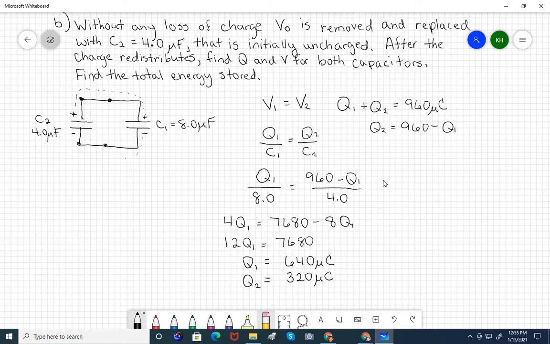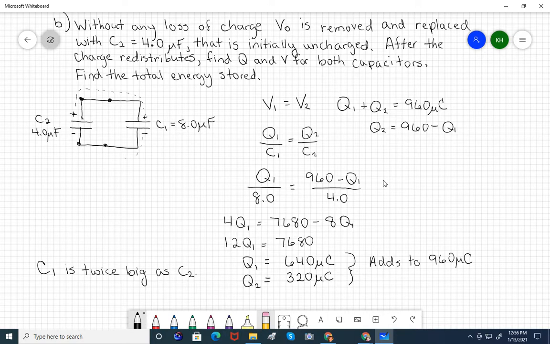First of all, there's two really important things. This, of course, I got the 320 by saying 960 minus 640. This obviously adds to 960 microcoulombs, so we didn't create or destroy any charge. But the other important thing, if we look here, is C1 is twice as big, has twice the capacitance as C2. 8 microfarads compared to 4.